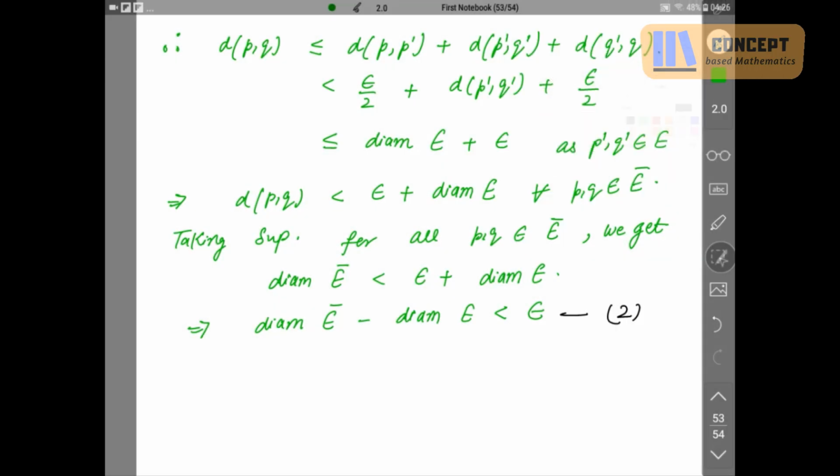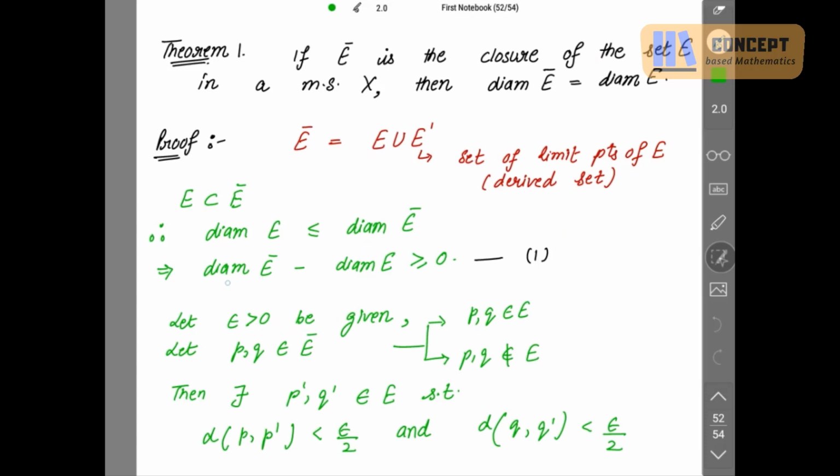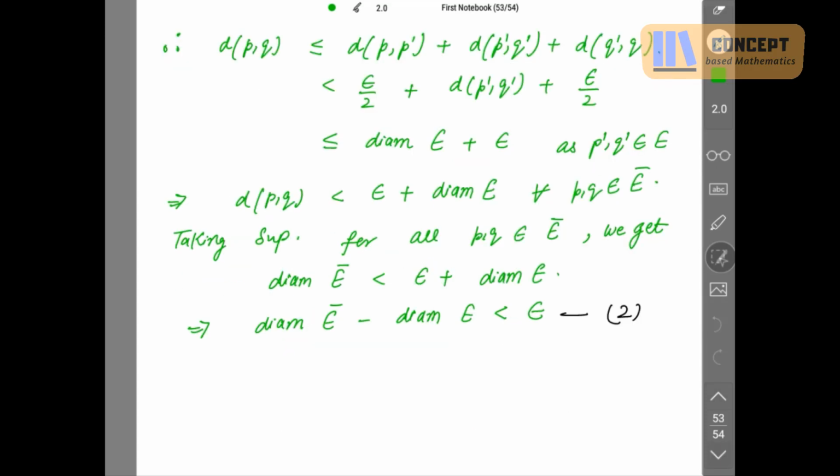Now from 1 and 2, what is our first equation? This diameter difference is greater than or equal to 0, and the second one, this is less than epsilon.